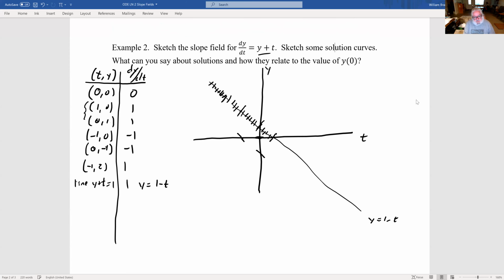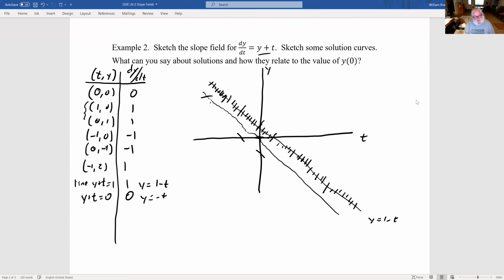When you can find these sorts of symmetries, it makes drawing these things out a lot easier. Okay. So the line y plus t equals 0 will give you a slope of 0. And that's y equals minus t. So this line here is y equals minus t, and it goes through the origin.